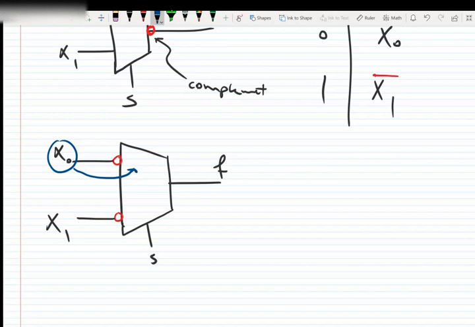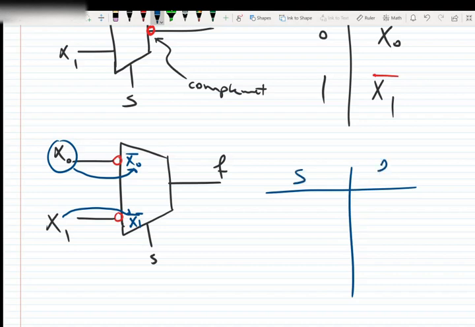Because we have this small circle, we will have x0 bar in the input. And x1 also will be complemented, and we will have x1 bar.